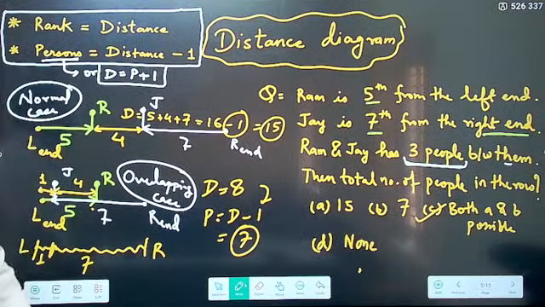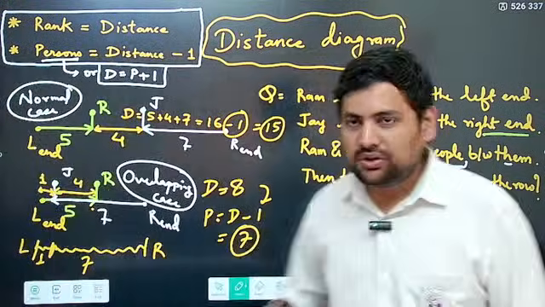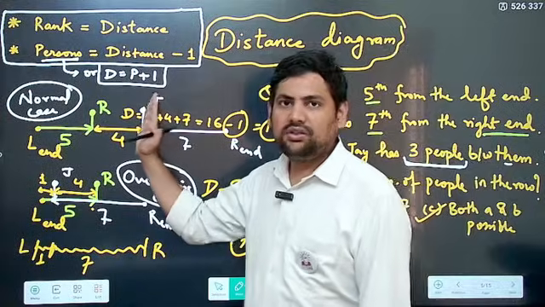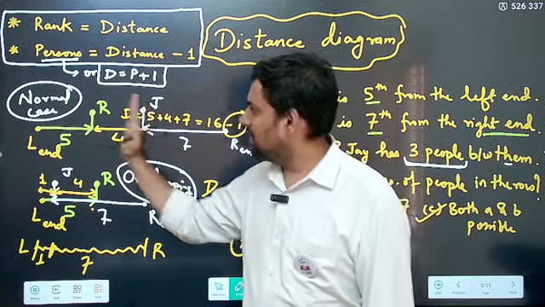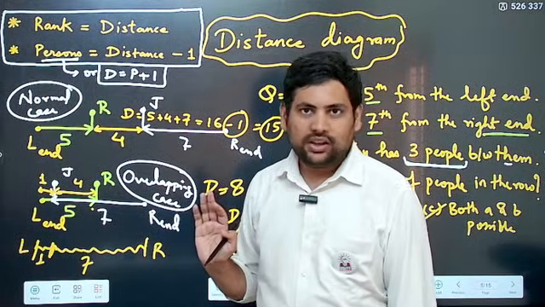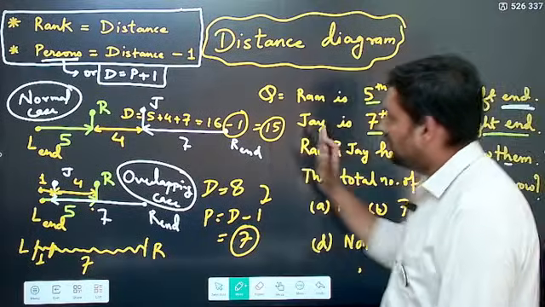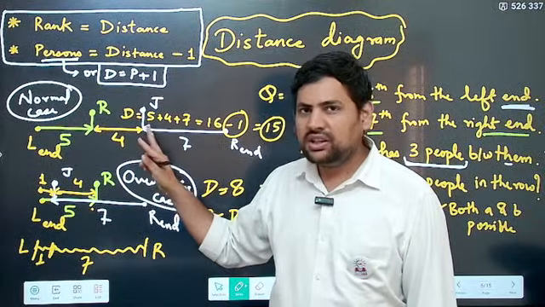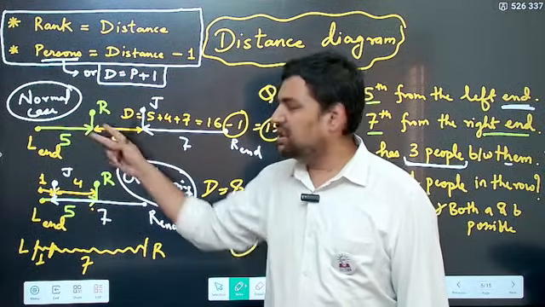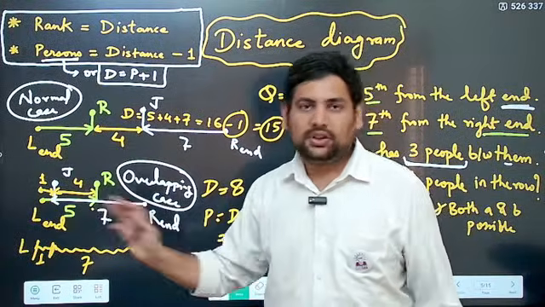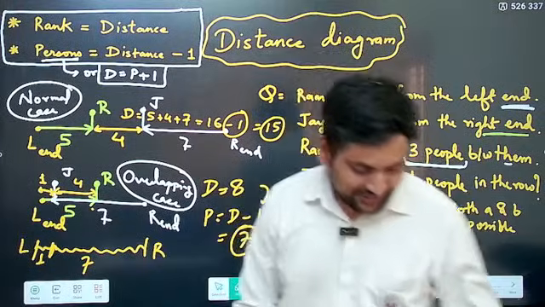From here I'll take. If it says that Ram is to the left of J, then I have to take the reference of J and then see towards the left. So if the reference point is the end, then you take it from the end. If the reference point is with respect to J or with respect to Ram, then those become the point from which you draw left or right. Understood?